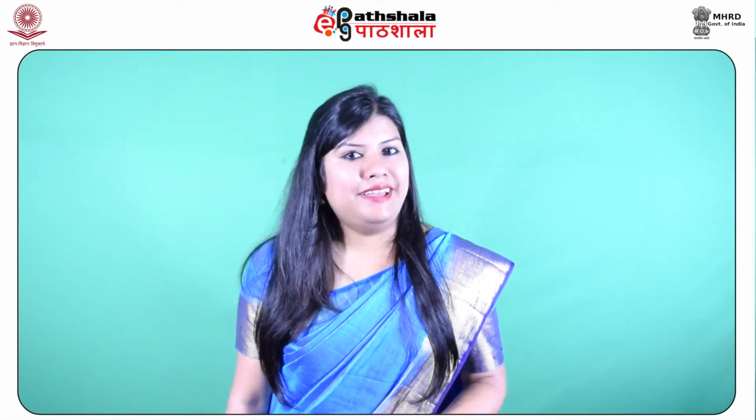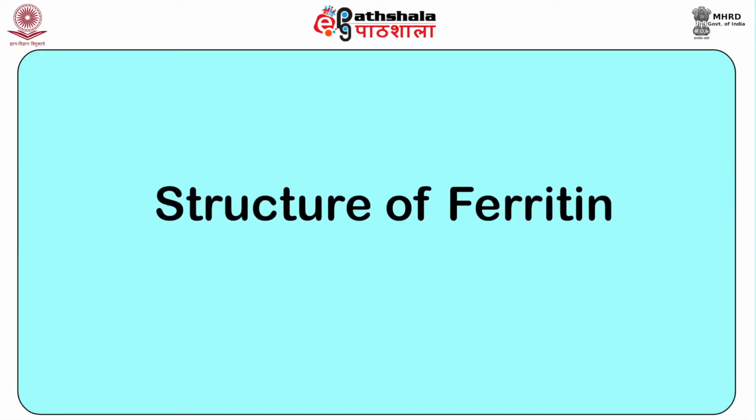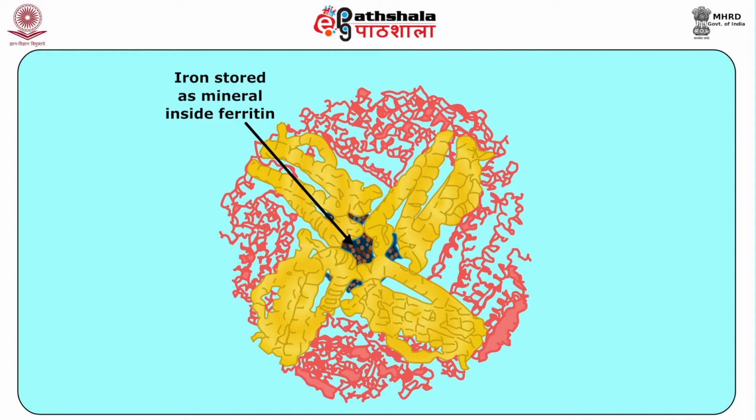Let us get an idea about how ferritin looks, that is, the structure of ferritin. The structure of ferritin is of considerable heterogeneity and comprises primarily two important components, a protein coat and an inorganic core suitably encapsulated within the coat.